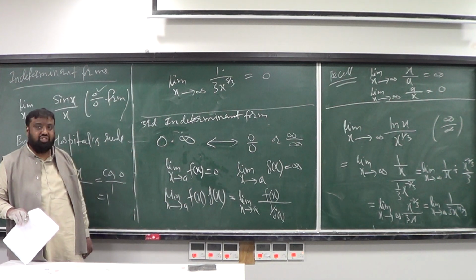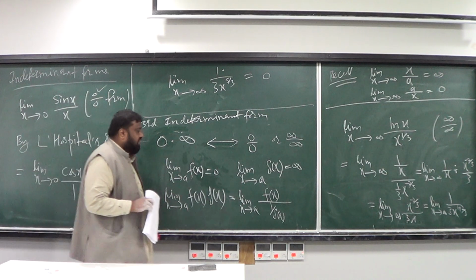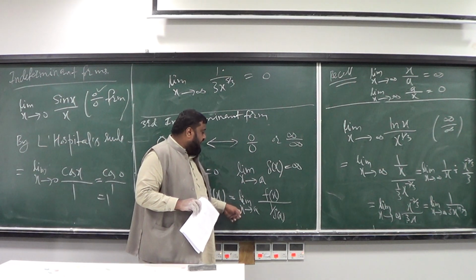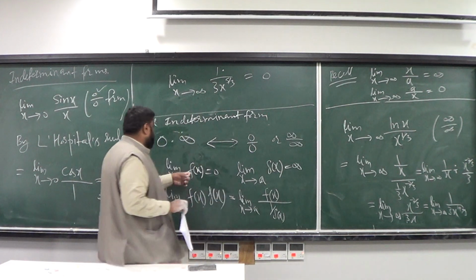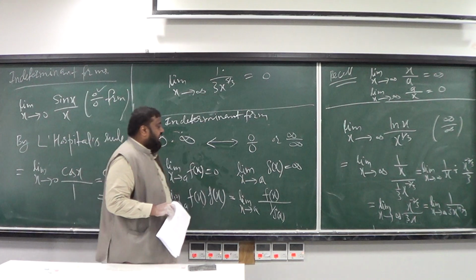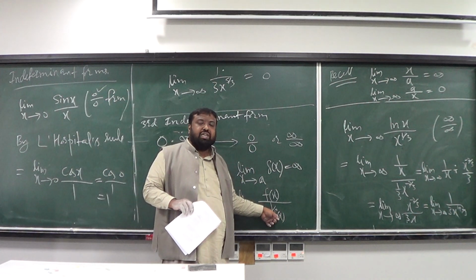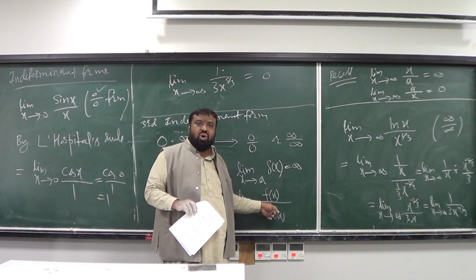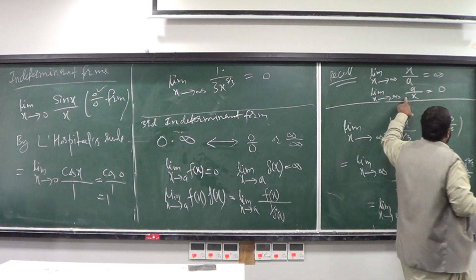So nothing has changed. But now think about what will happen. As x goes to a, f of x would be still 0, and limit x goes to a, 1 over g of x. g of x is becoming infinity, so this is like 1 over infinity. So it's going to be 0 actually.